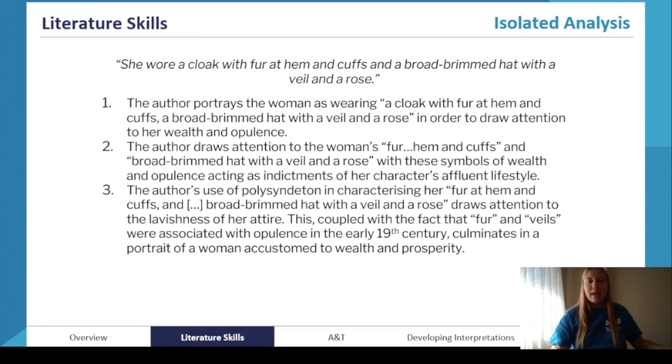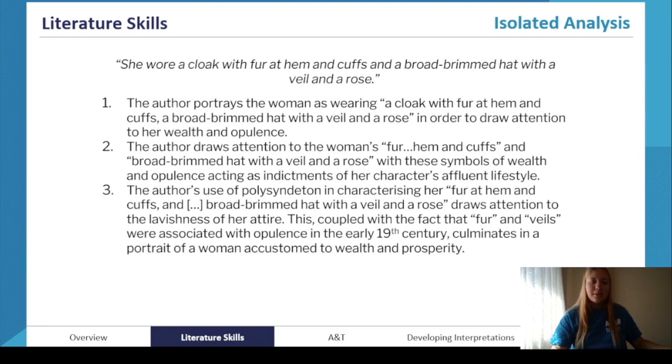She's dressed as a wealthy person, she's wearing fur, an expensive looking hat, and a veil, and it's drawing attention to her wealth and opulence. What's not great about writing like this is probably that we've included such a long quote in the sentence instead of breaking it down or not quoting the whole thing. But this is completely fine.